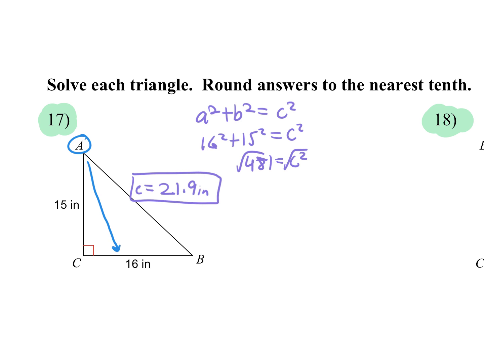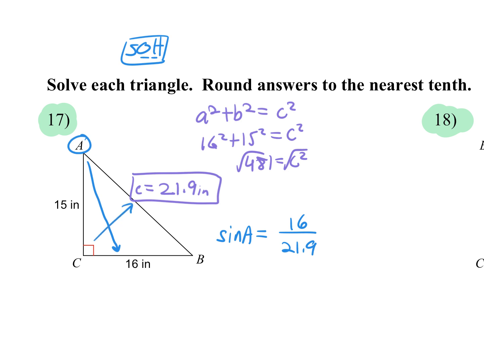I heard someone say sine, so we can do the opposite, which is 16. So I know sine of A is the opposite, 16 over what? So SOHCAHTOA, what is sine? What over what? Opposite over hypotenuse. What's our hypotenuse? 21.9, right? It's always across the right angle.